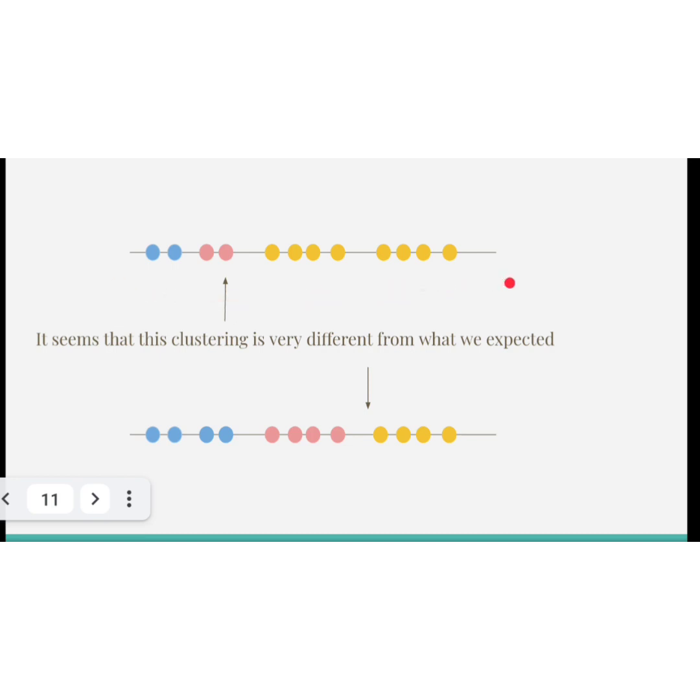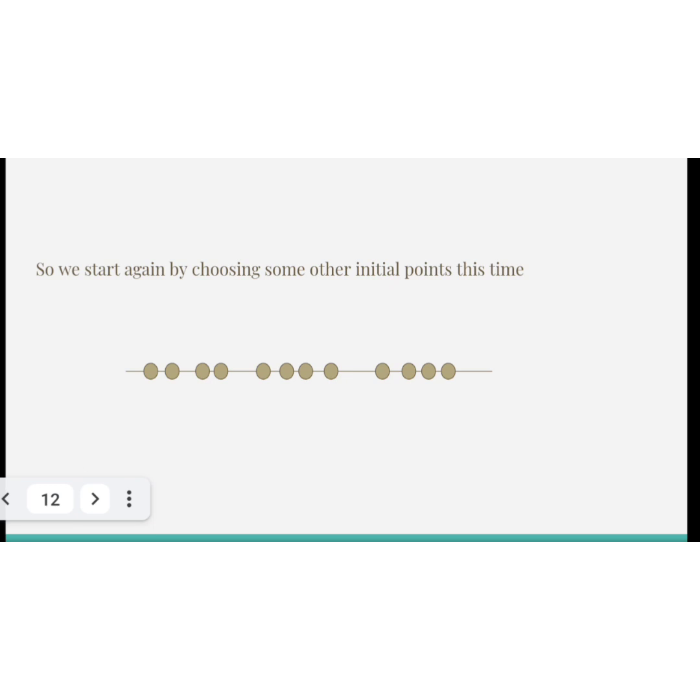Okay, but this looks very different from what we had expected in the beginning, right? We had expected such a clustering, but what we have got now is this one. So that means we have to improve upon our clustering. So for that, we will start right from the beginning again. But here, we will take some other points as initial points.